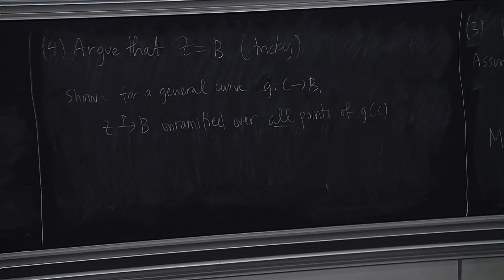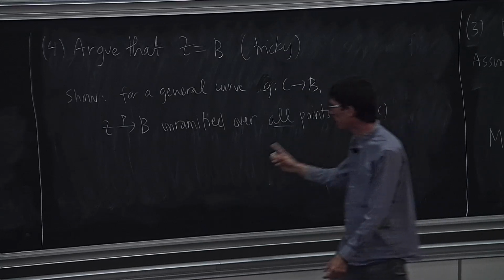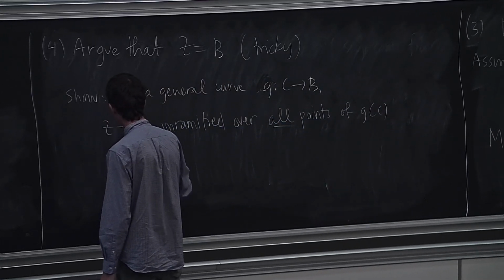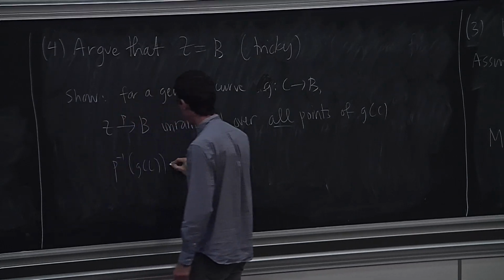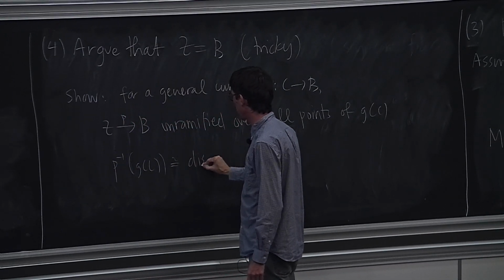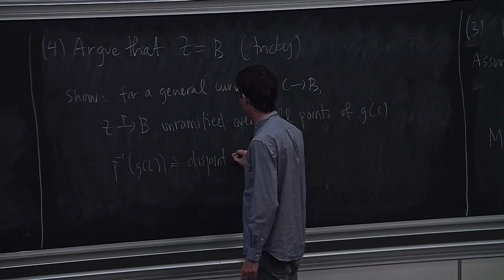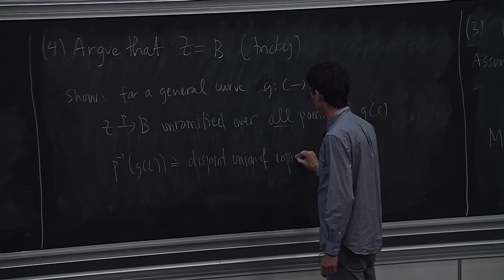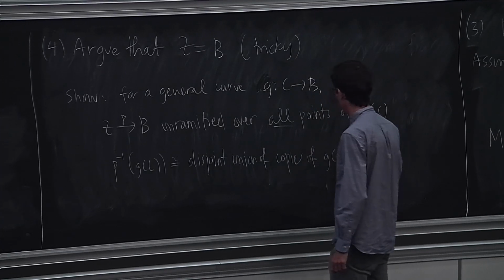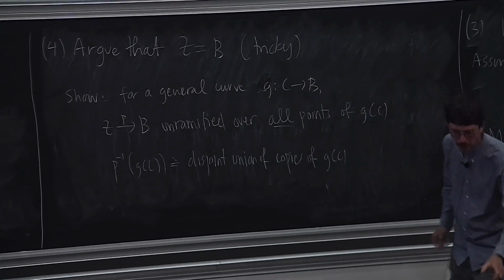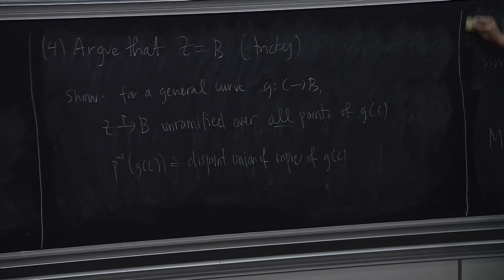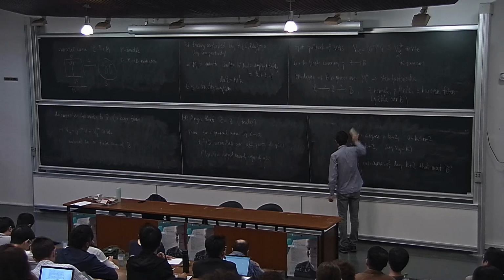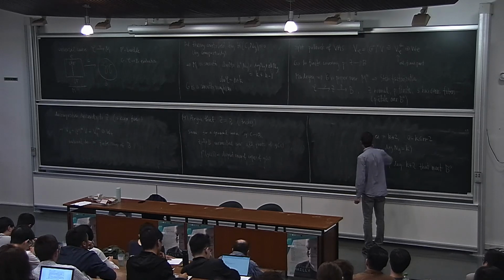So in other words, what it means is that the pre-image under this covering, the pre-image of the curve really is a disjoint union of copies of C. Okay? And then I claim that actually does the job. And so the reason is the following.